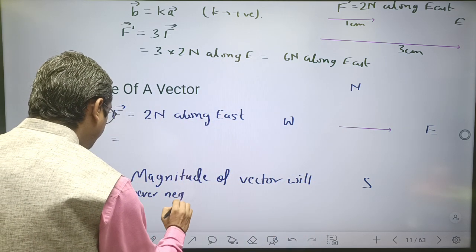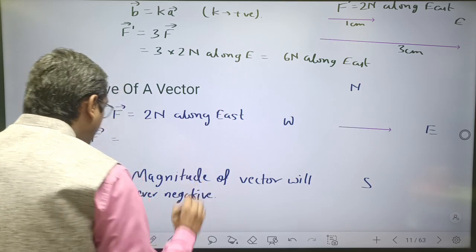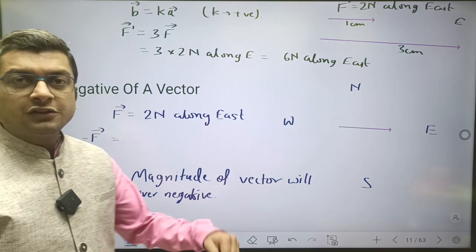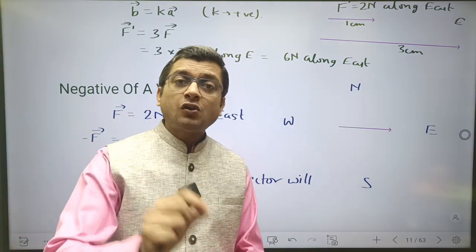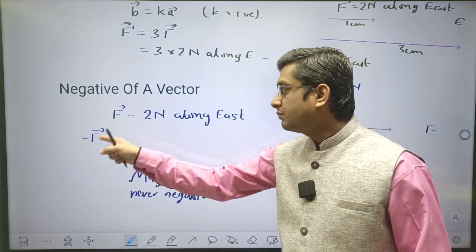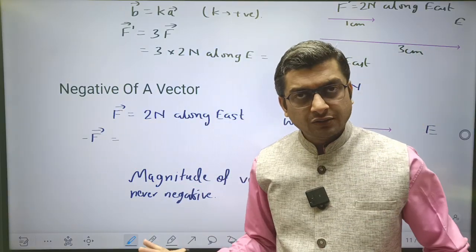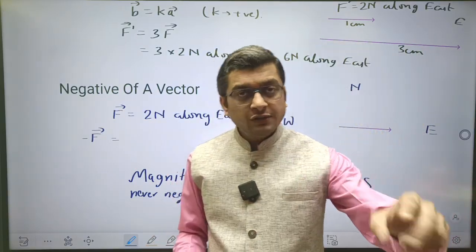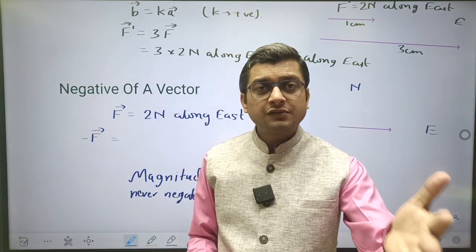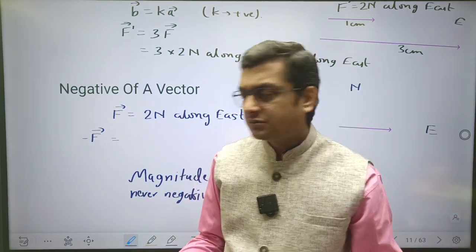So you cannot add this minus to the magnitude, like minus 2 Newton. No. Magnitude is always positive whenever you represent any vector quantity. So the minus sign is not associated with magnitude. Since a vector has two things, if the minus sign is not associated with magnitude, it means that the minus sign is associated with direction. That's all.